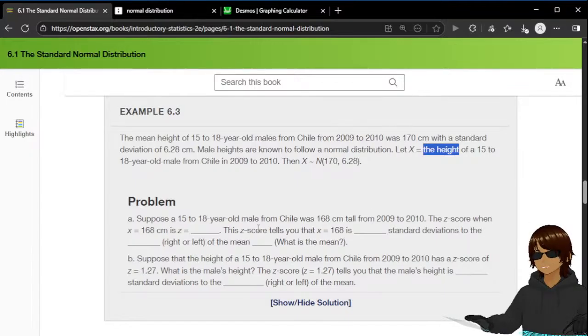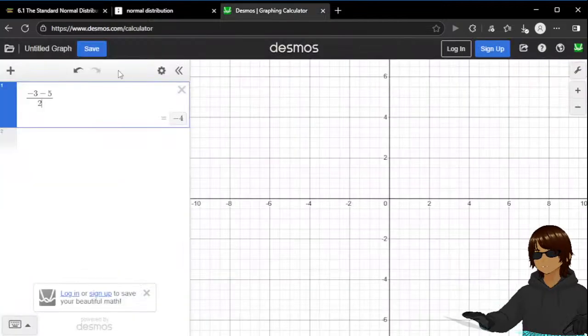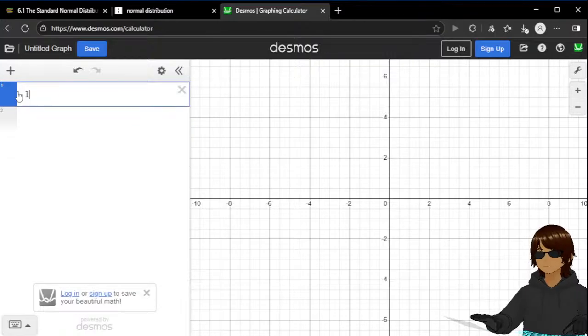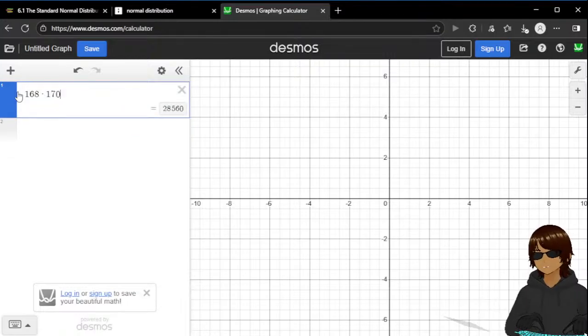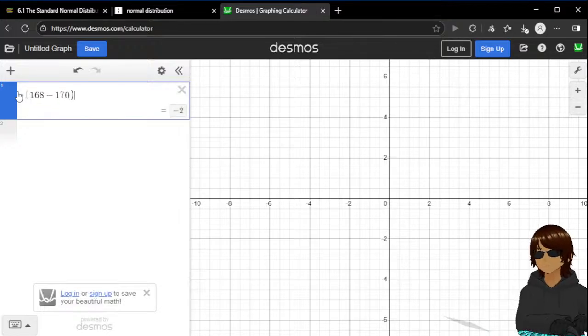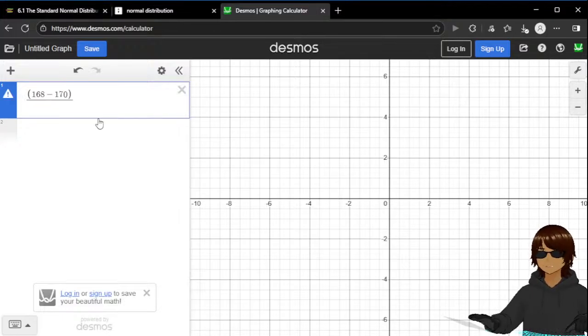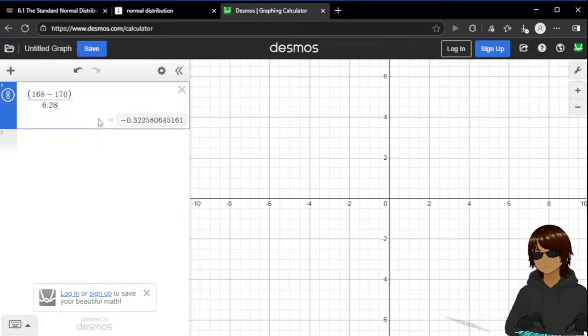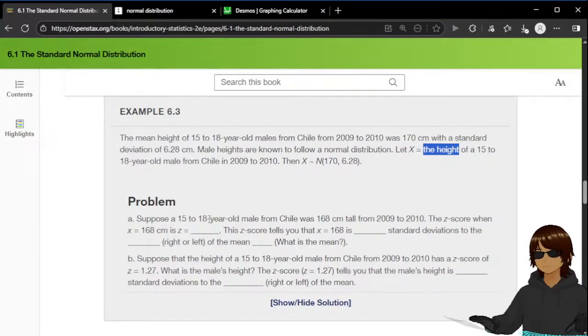The z-score when x is equal to 168 is 168 minus 170, divided by 6.28, which is minus 0.3184.